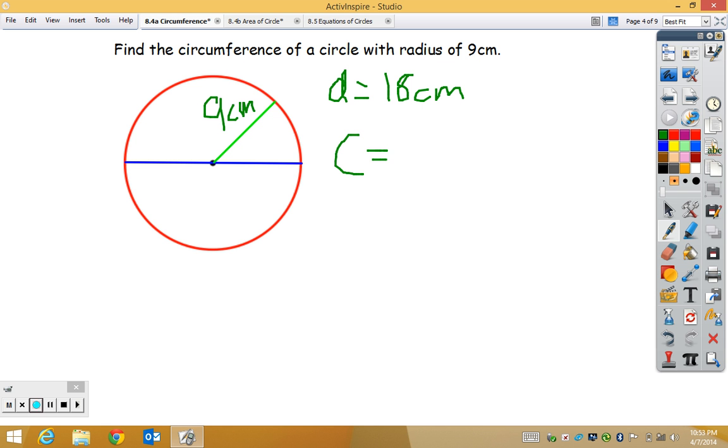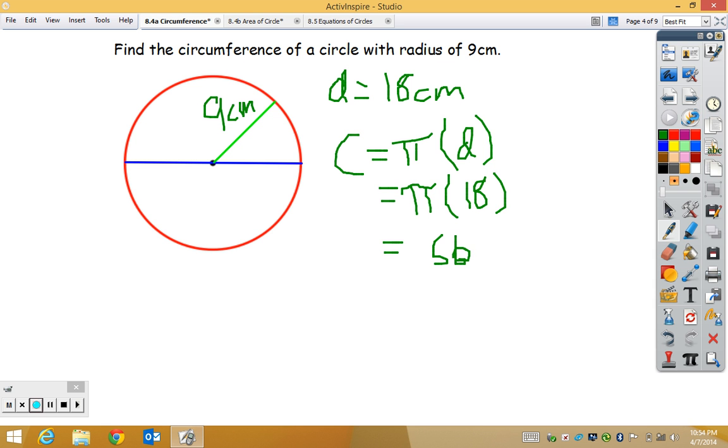So C equals pi times D. So pi times 18, and that comes out to be, if we round to 2 decimal places, 56.55 centimeters. And since circumference is a length, we just have it in normal units, not square units.